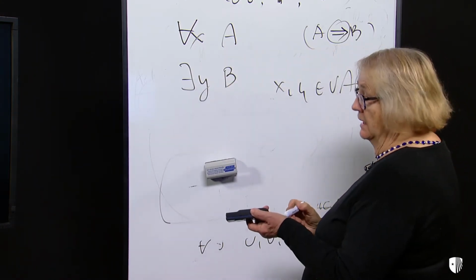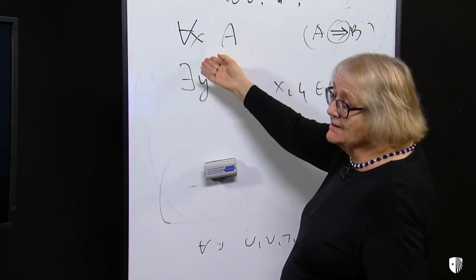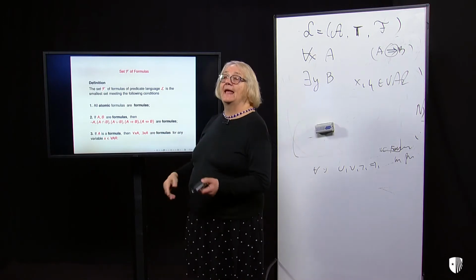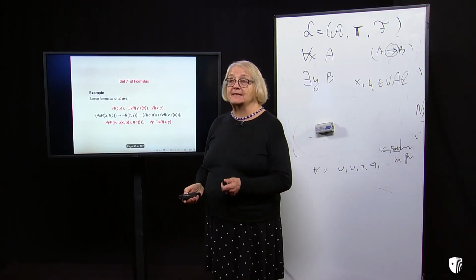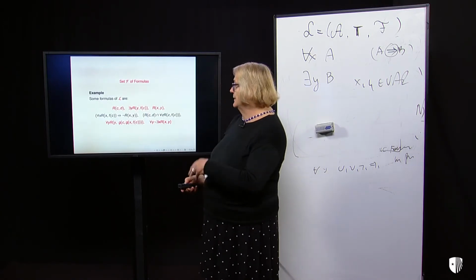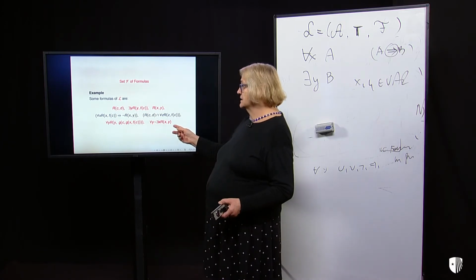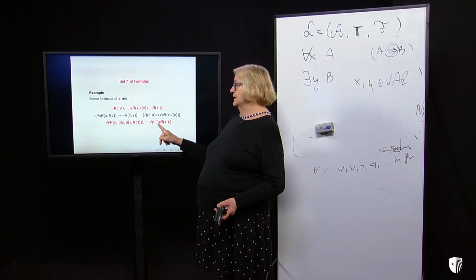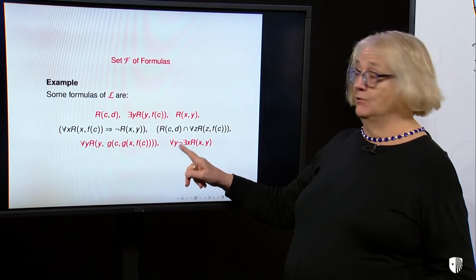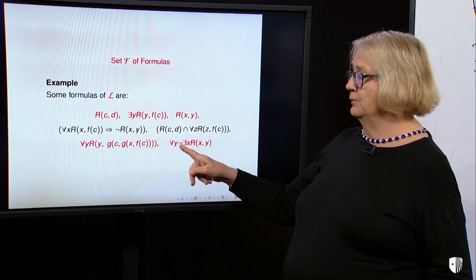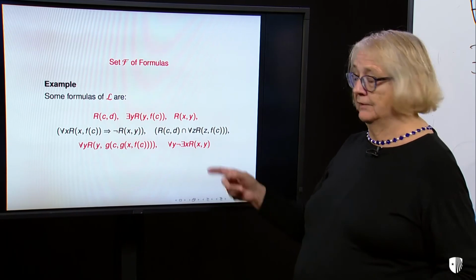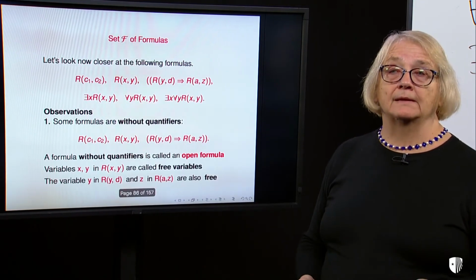So you can put a quantifier which says for all x or there exists x. And here you have some examples of formulas. You see, this is a nice formula. You have an atomic formula, you put an existential quantifier, and then you can put another one again. So that is a formula. You can put negation, and again you can put another quantifier in front. So this is a well-formed formula.